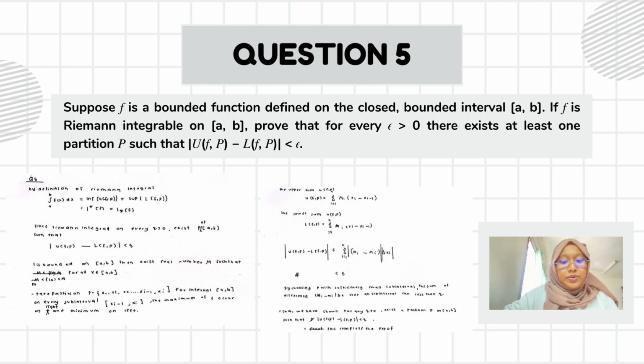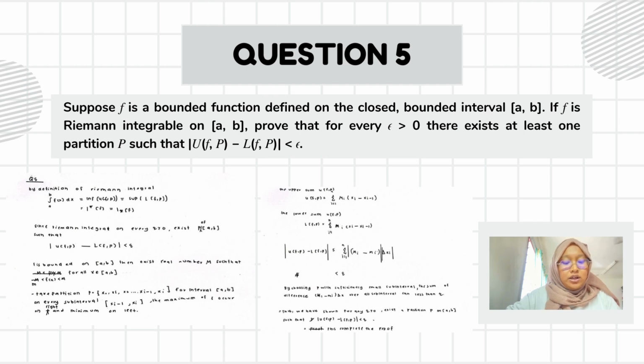Therefore, if f is bounded and closed on interval [a, b], then there exist real numbers, capital M and small m, such that m is less than f(x) which is less than capital M. Then for refining the partition, we let P equal x0, x1, x2, until xn on interval [a, b], where the subinterval is [x(i-1), xi].